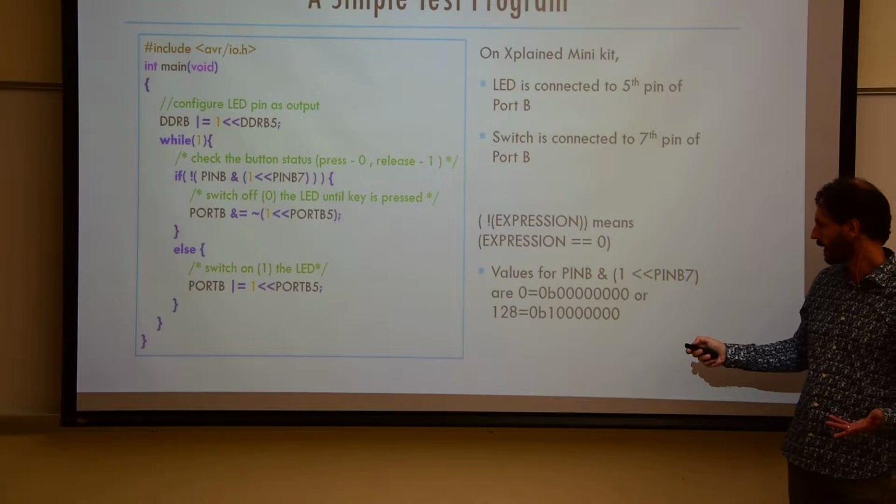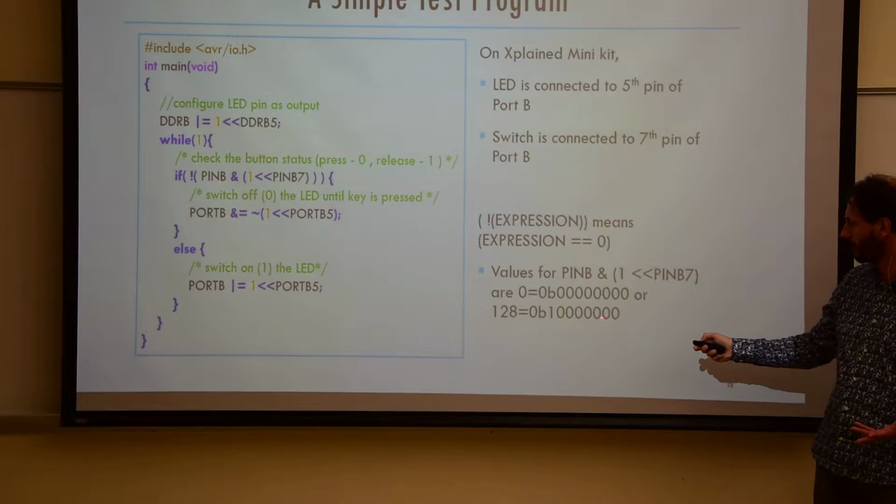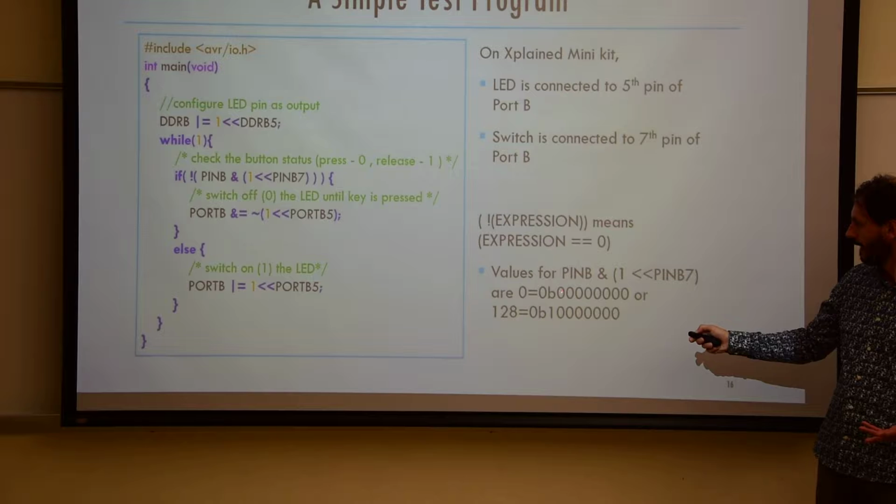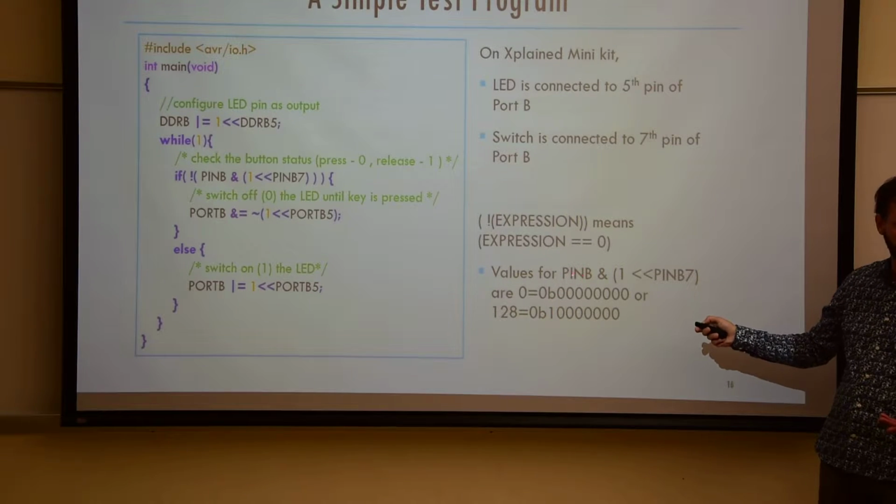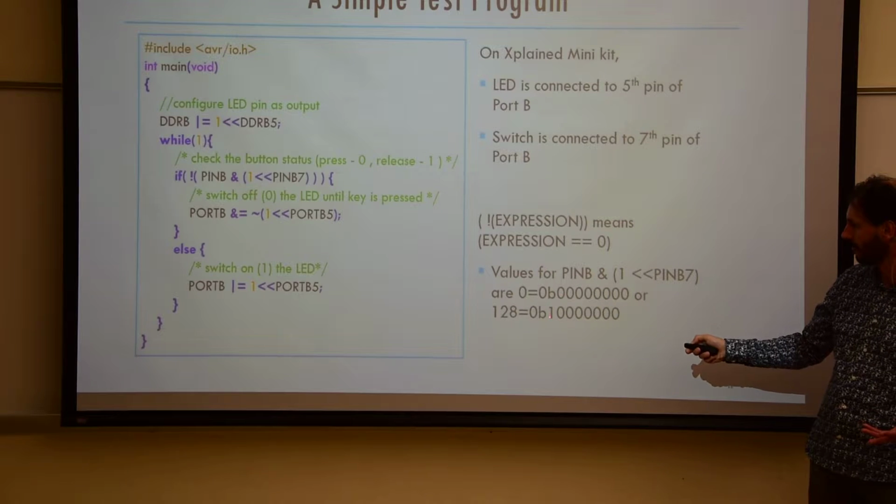If I do the AND operation, that means that all of those will become 0, and only the last bit over here is being copied over from pin B. So it's either 0 or 1.